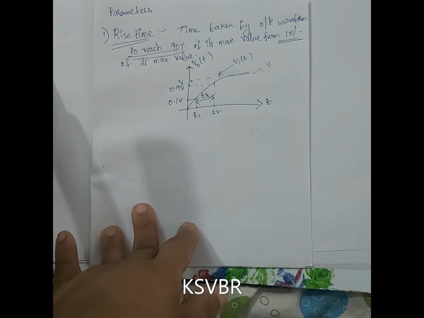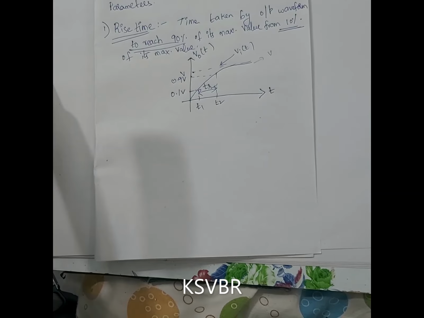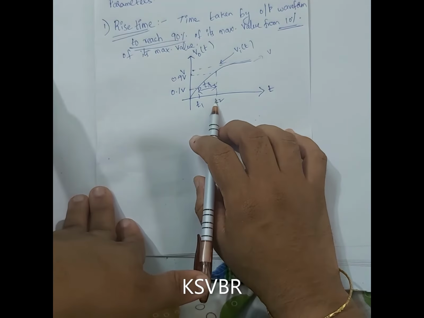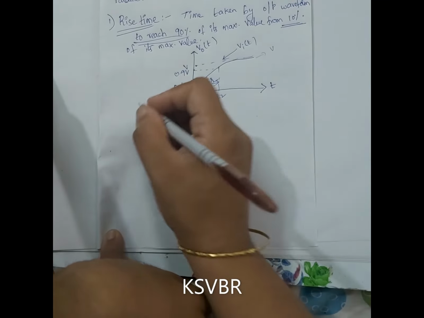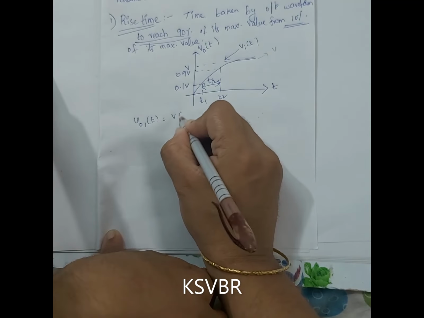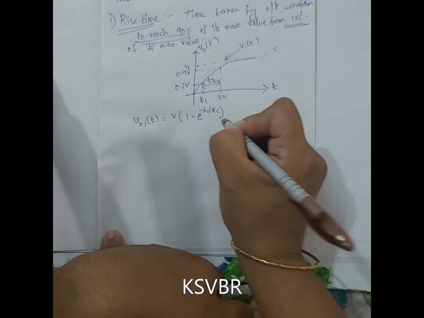Okay, how can we derive rise time? Rise time is an important concept for examinations also. This is the definition of rise time, and let us see how we can derive rise time for step input signal. So first one, V01 of t is equal to V into 1 minus e power minus t1 by RC.